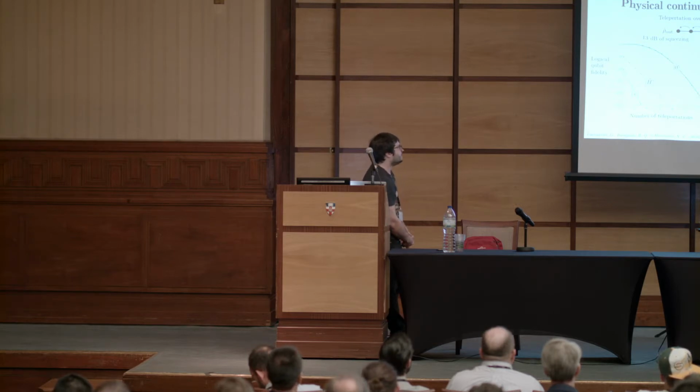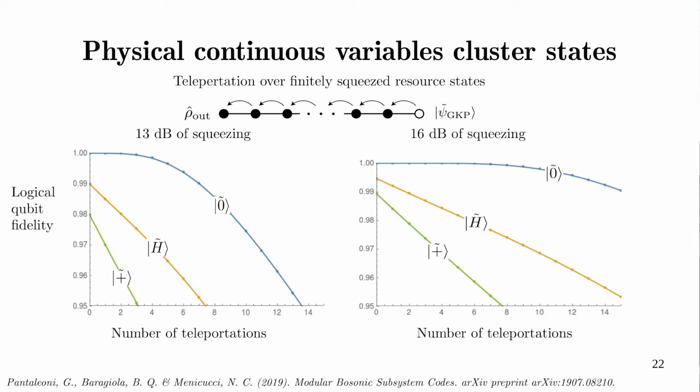The example on the left is 13 dB of squeezing, for example, and we see that the plus state gets a 95% fidelity with respect to the perfect logical plus after 3 teleportations. On the right, we have a more robust example, 16 dB of squeezing. We see that the state survives for a bit more. This is just to show that it behaves as one would expect.